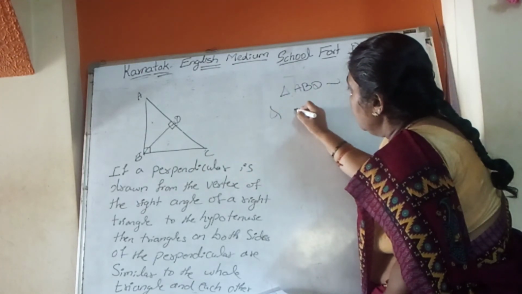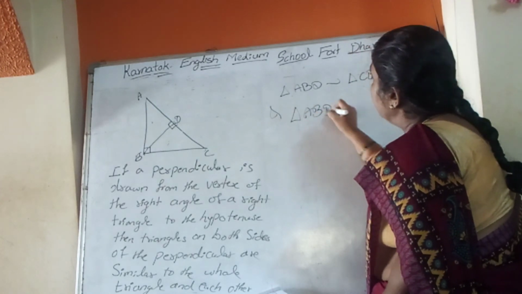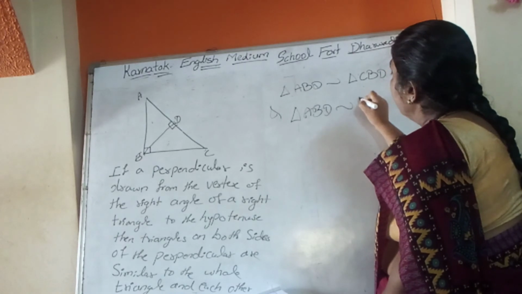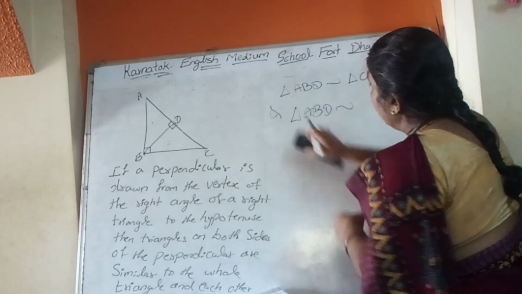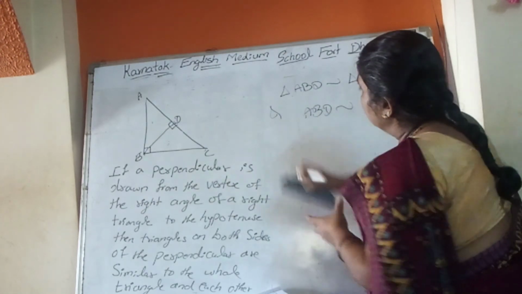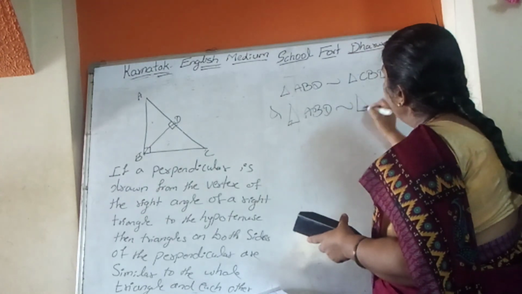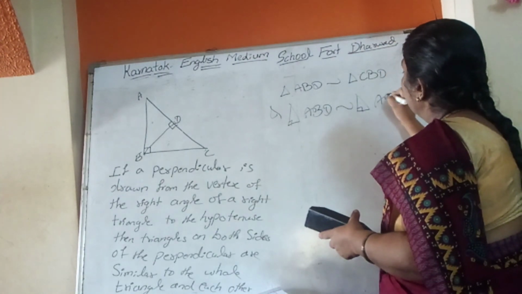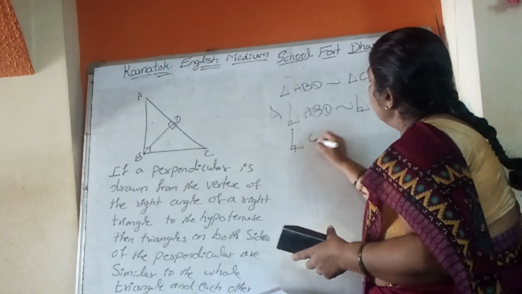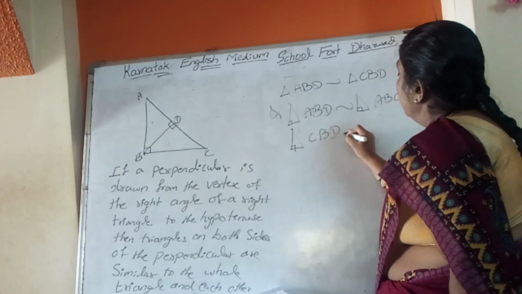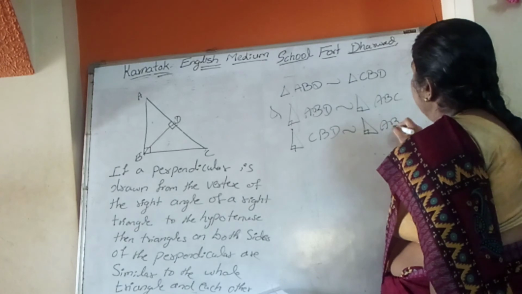Means triangle ABD is similar to triangle, right triangle. These are all right triangles. This is also a right triangle. This is ABC. So triangle CBD is similar to triangle ABC.